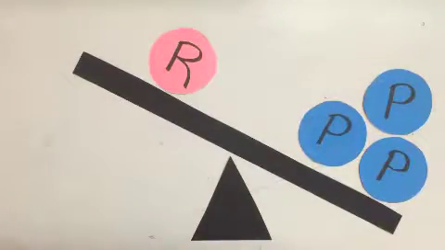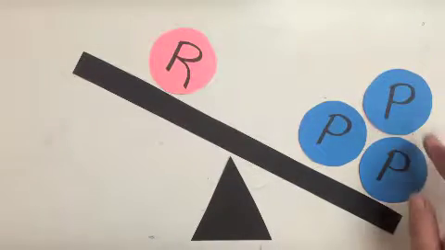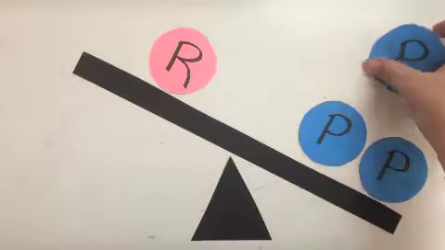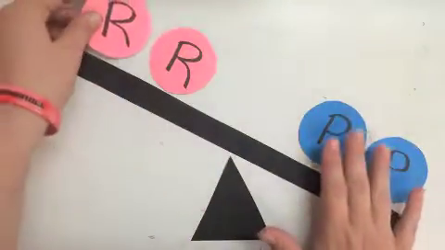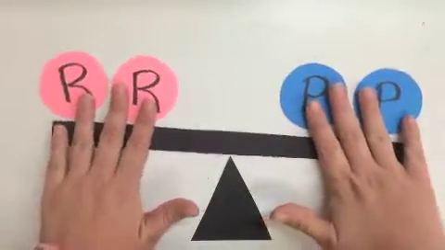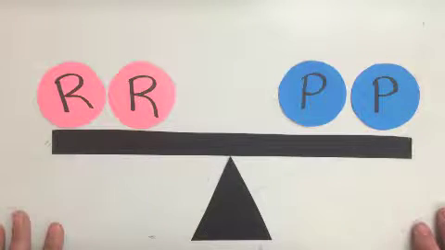So now the reaction itself is going to replace what you just took away. So in that case, some of this product needs to shift into a reactant, and it becomes equal again.